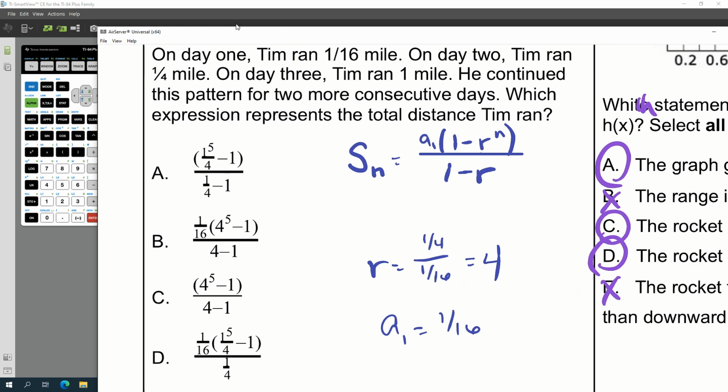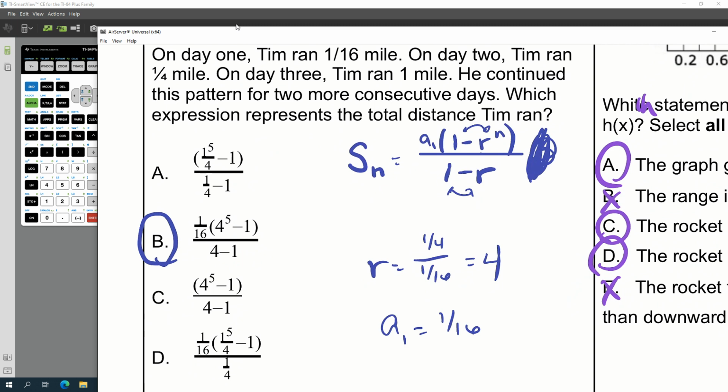If we're using this formula right here, it's going to be B. Don't really like that they switched the R and the 1 because on the reference sheet they have it one way. They should keep it that way, I think. That's okay.